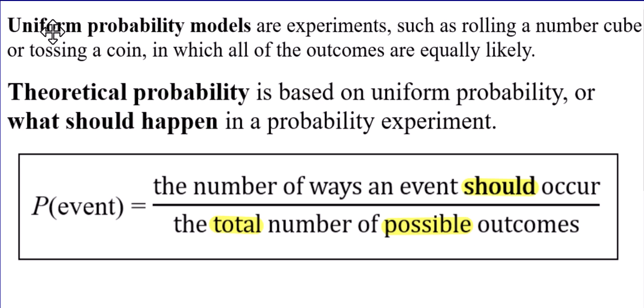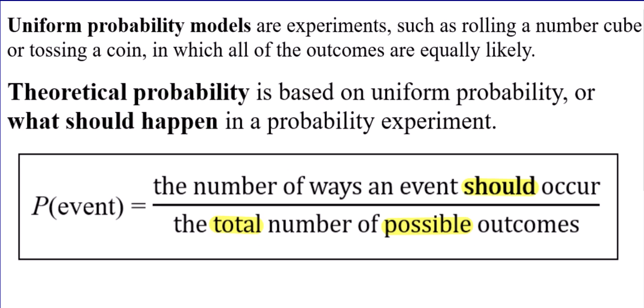Now, before we do, let's talk about uniform probability models. These are experiments, such as rolling a number cube or tossing a coin, in which all of the outcomes are equally likely. Well, theoretical probability is based on uniform probability, or what should happen in a probability experiment.